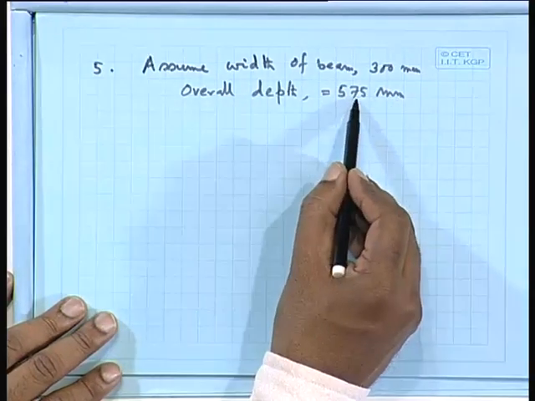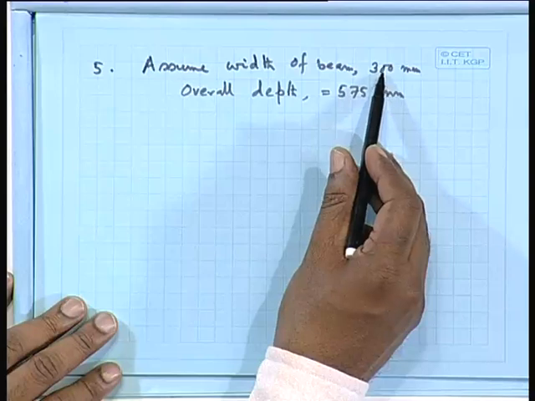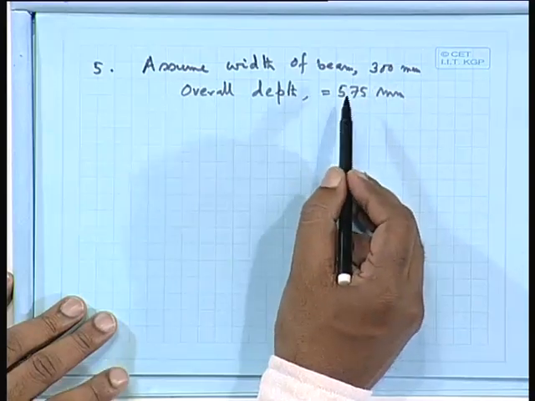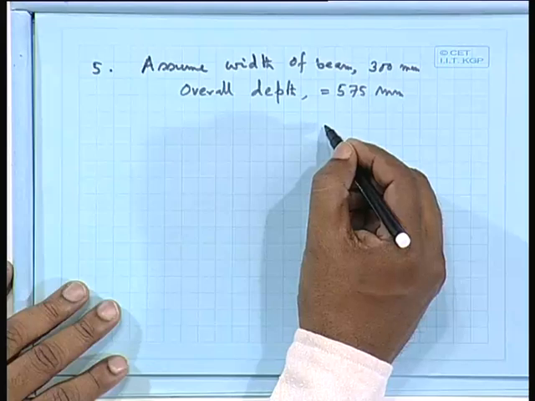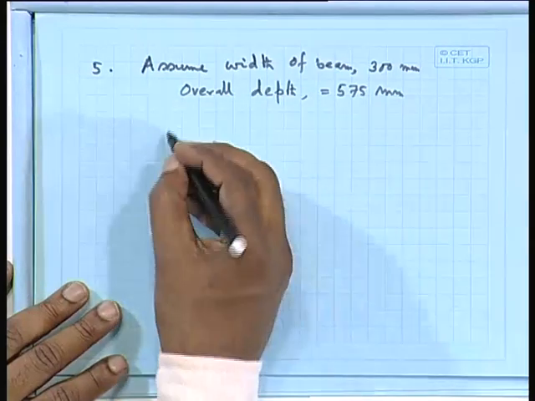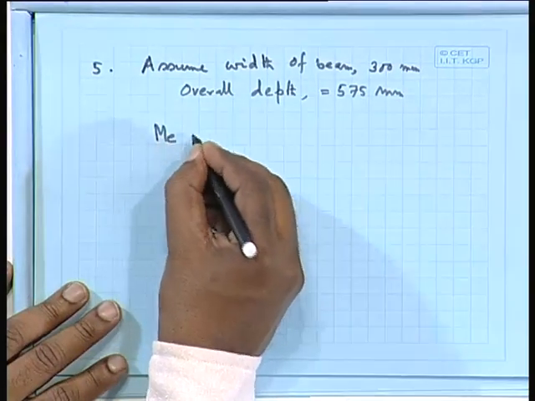Here overall depth 575 millimeter. Since I have changed to 300, I could reduce it. Or anyway, let us not change it, because it may happen that the value will come less. Okay, but anyway, let us not reduce it at this stage.